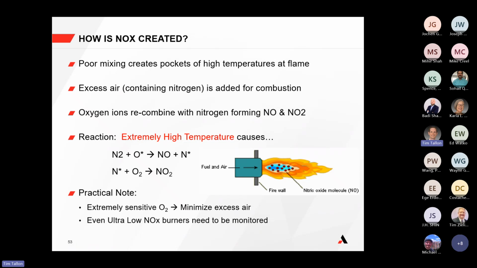When you have poor mixing, you have a disproportionate amount of heat generated in a very small spot, and that heat reaches temperatures so high that they break down the nitrogen in the air to form NOx emissions. And these NOx emissions are very sensitive to the amount of air at the burner. So by monitoring your exhaust, you can also reduce your NOx emissions.